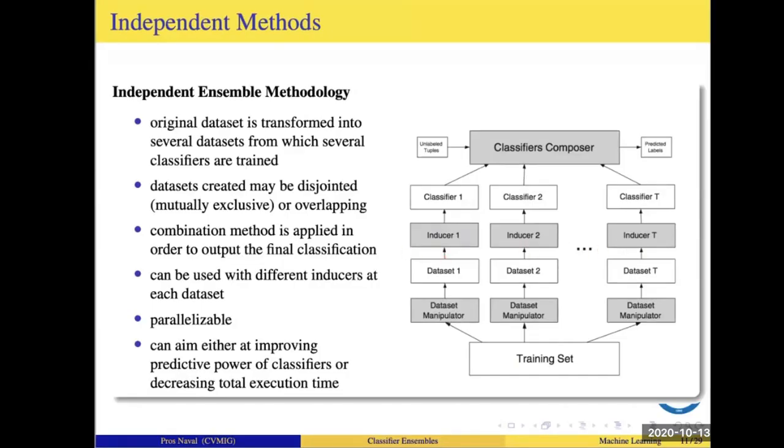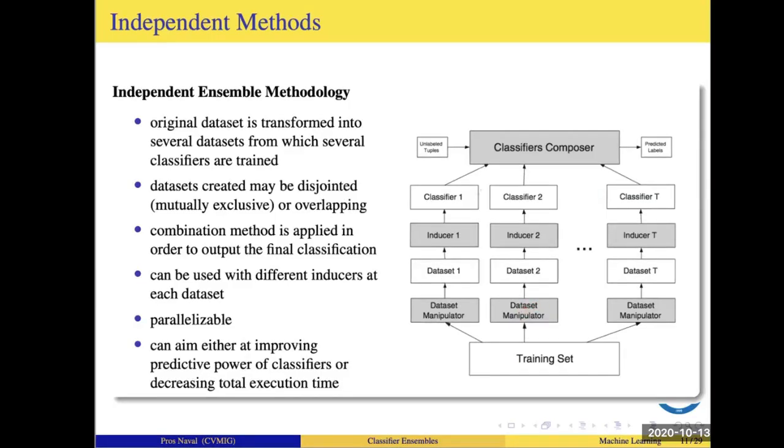And looking at this, you can actually have a parallelizable system. Here you notice that this dataset manipulator does not take in any input from any other classifier. There's no input from classifier 1 or the other classifiers for the dataset manipulator.